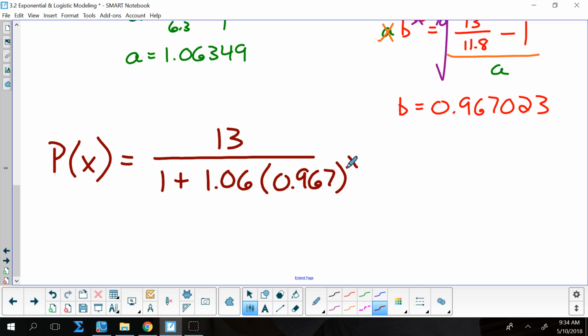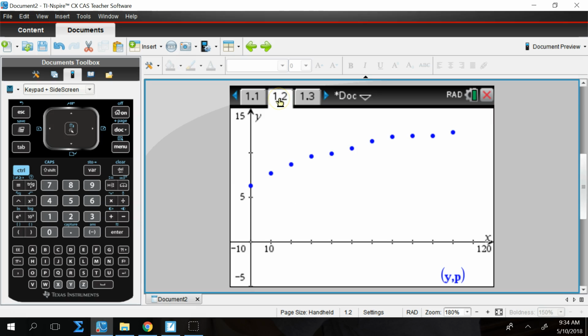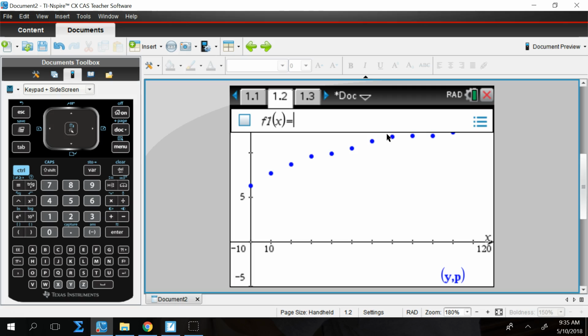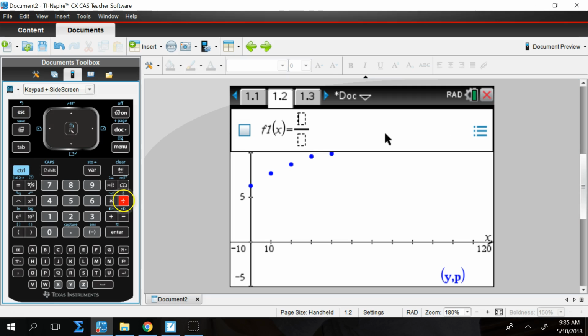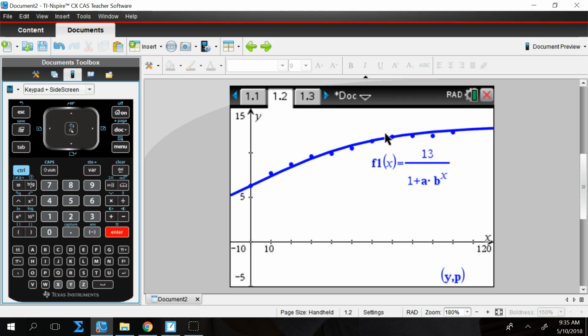Let's throw that on our graph and see how it fits. It will be a fraction, with 13 on top, and 1 plus a times b raised to the x power. Not bad. Not bad at all.